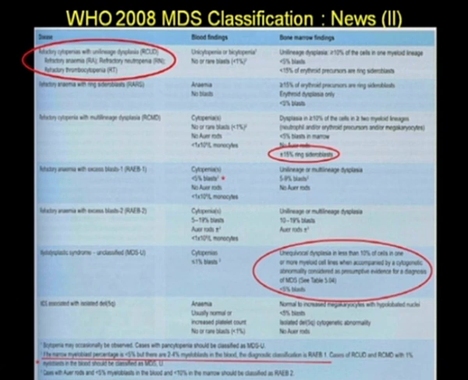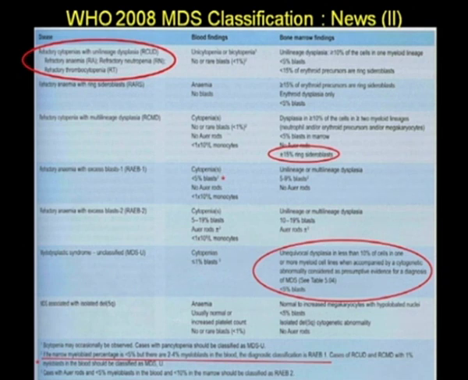And again, in this new classification, there are some differences with respect to the previous one. First of all, we are talking of refractory cytopenias with unilineage dysplasia, which include the refractory anemia, neutropenia, or thrombocytopenia.